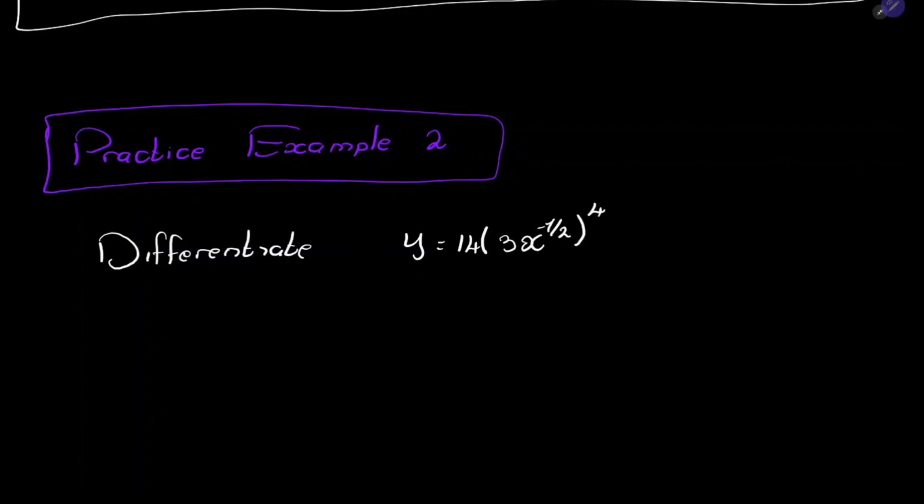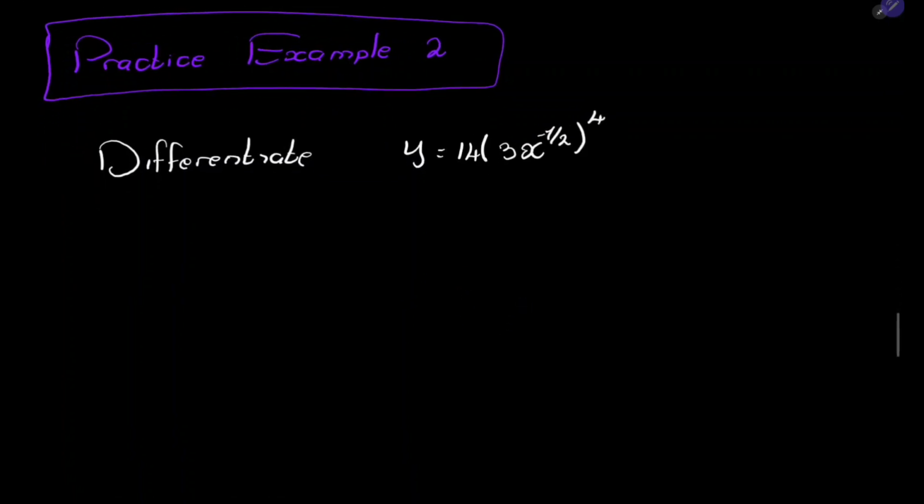If you look very well, you notice that we can simplify this from the beginning and use the power rule directly to solve this, but we're not going to do that. We're going to use the chain rule, just to tell you that the chain rule is applicable no matter the situation. So let's work with that.